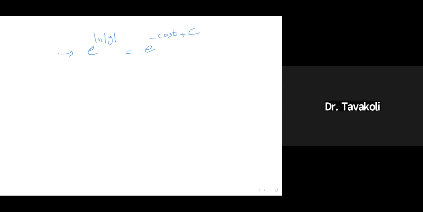The exponential function and the logarithmic function are the inverses of each other. So absolute value of y is going to be equal to e to minus cosine of t plus c.